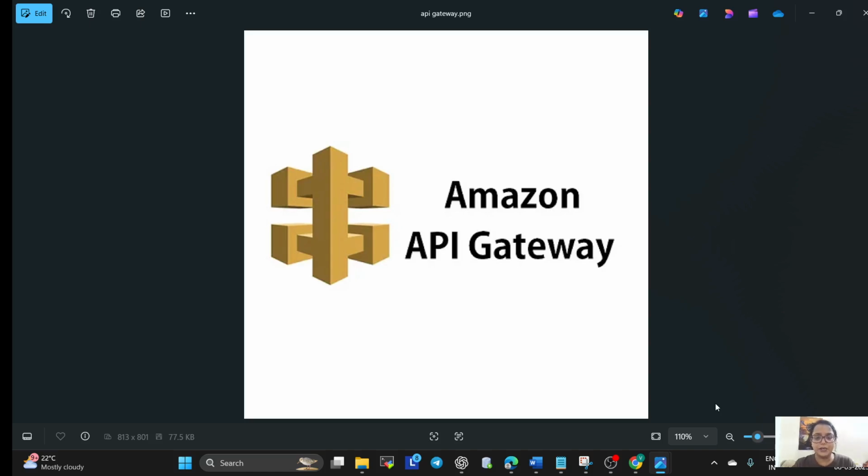So today we are going to learn about AWS API Gateway. By seeing the image itself, you people can understand. This is one of the most important services in AWS, especially when we work with serverless applications and microservices. Think of API Gateway as a front door.